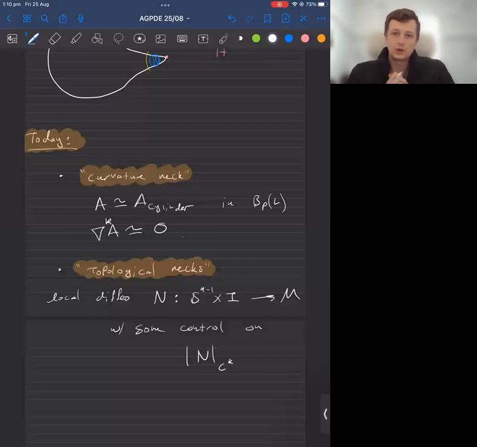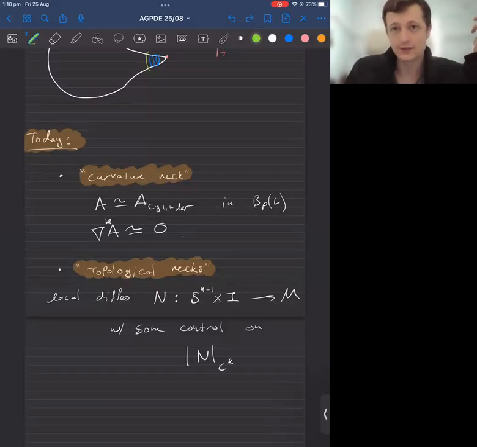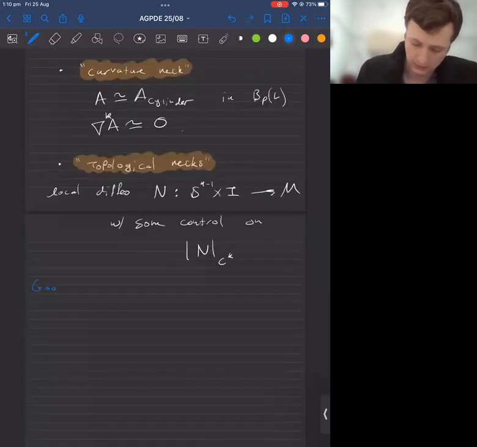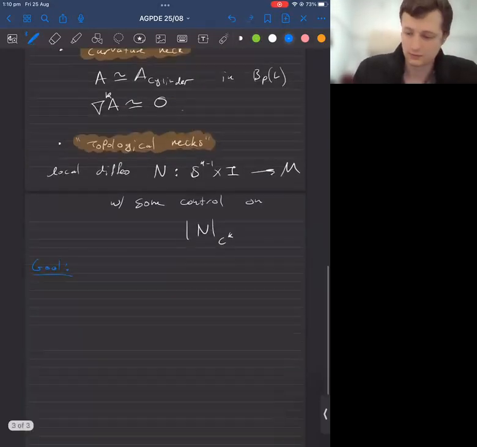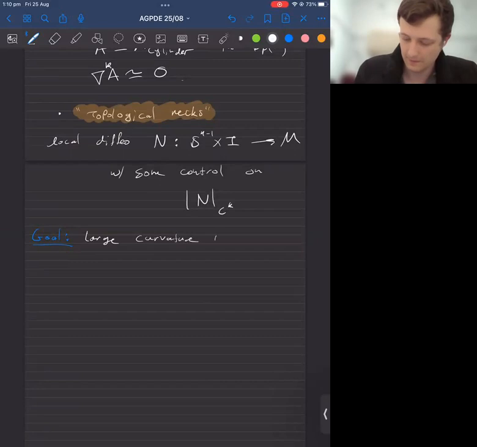So yeah, we want to go from a region where the curvature looks like that of a cylinder, and then we want to construct an actual embedding, right? So that's our goal today. Right, so if you have a large enough curvature neck, then we want to construct a topological neck.